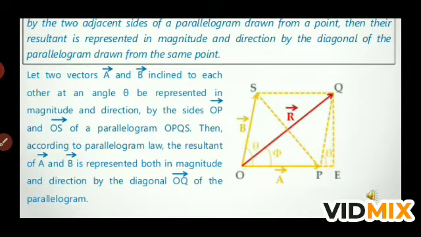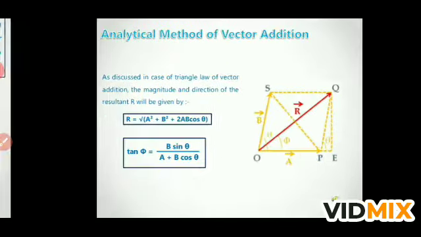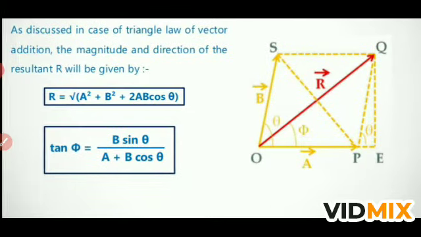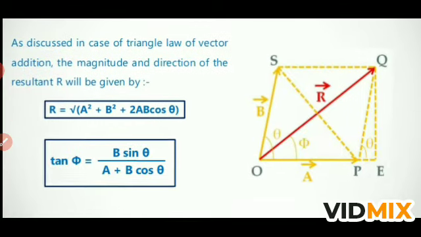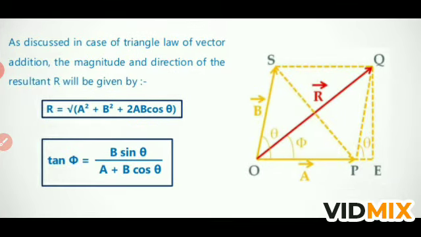In the previous triangle law we did the same thing. The resultant makes angle phi from vector A, and the angle between the two vectors is theta. The resultant is the same as what we learned in the triangle law: R is the square root of A square plus B square plus 2AB cos theta, and the direction of the resultant is tan phi equal to B sin theta upon A plus B cos theta.